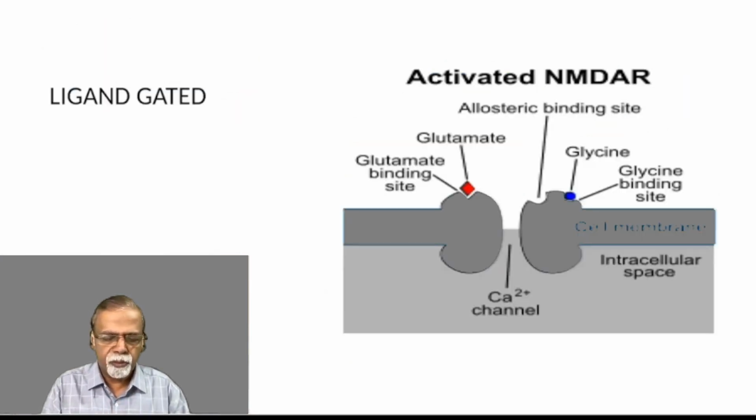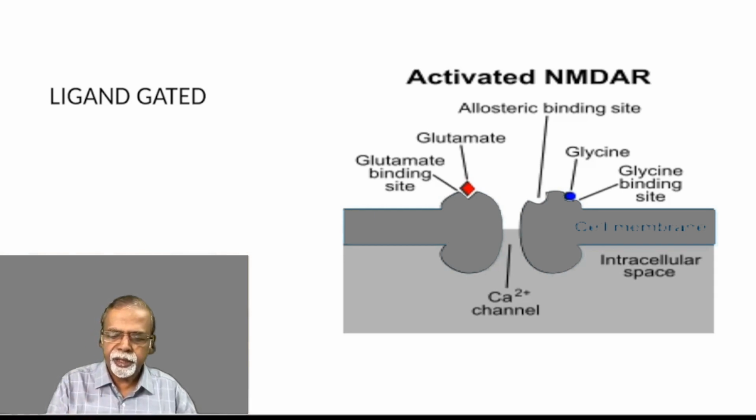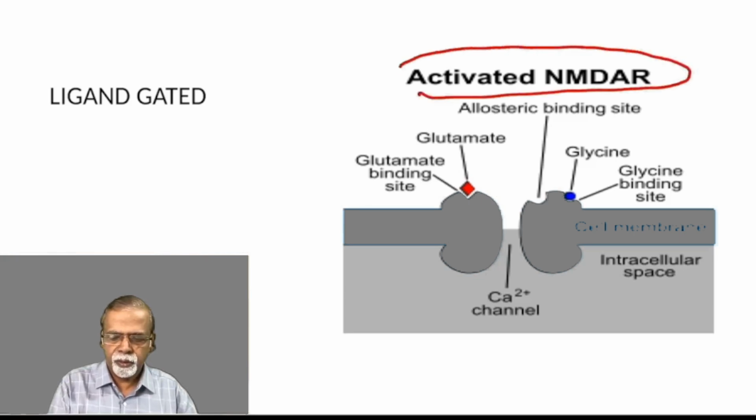I'll explain one more ligand gated channel. This is the NMDA channel. Here you can see clearly there is a binding area for the receptor glutamate.